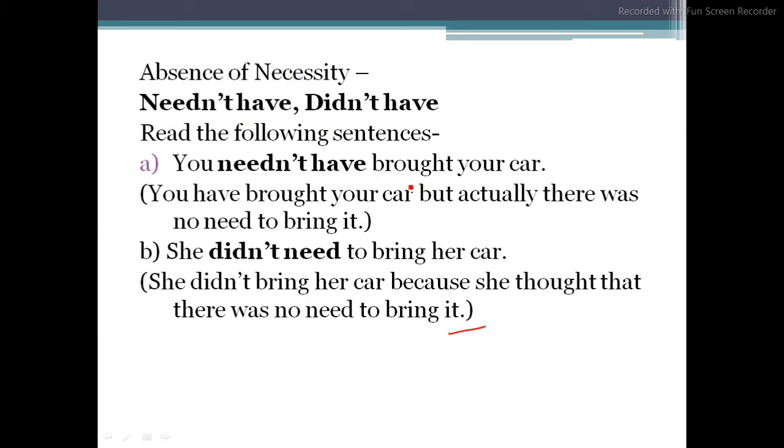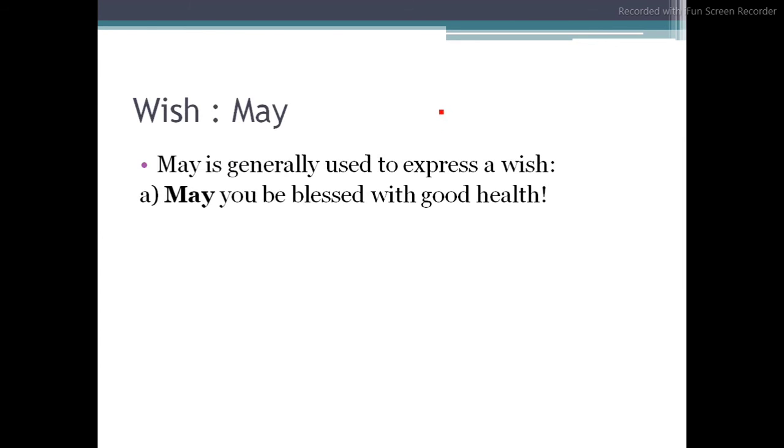You need not have bought your car means although you have bought your car, there was no necessity of bringing your car. Over here she didn't need to bring her car. She didn't bring her car because she thought that there was no need to bring her car. So whenever there is absence of necessity, you're going to use needn't have or didn't have.